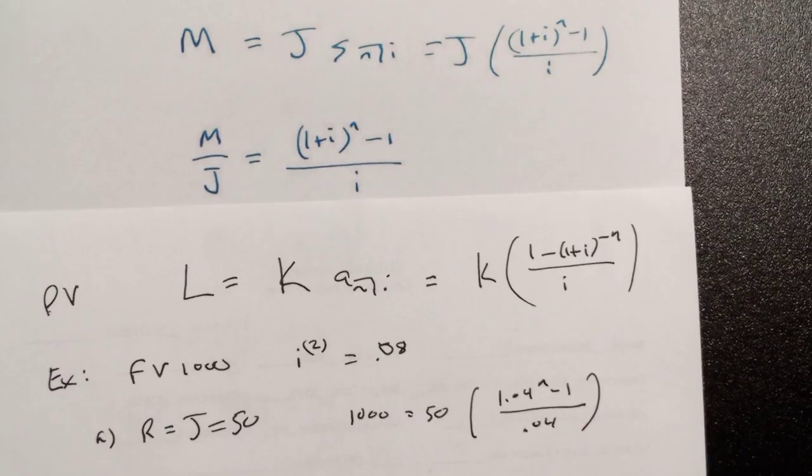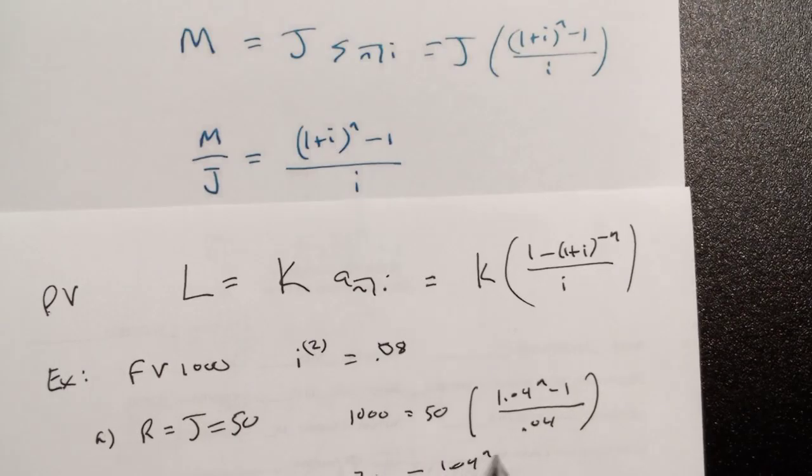All right. 1,000 divided by 50. And divide. So 20 equals 1.04 to the N minus 1 over 0.04.